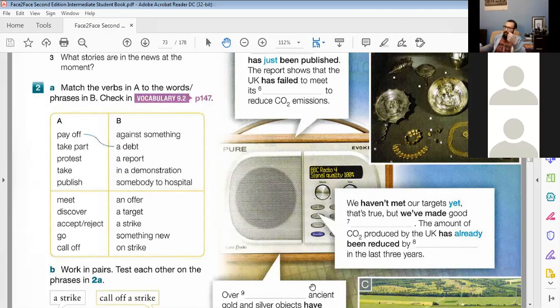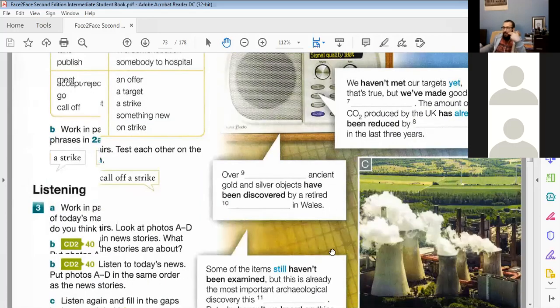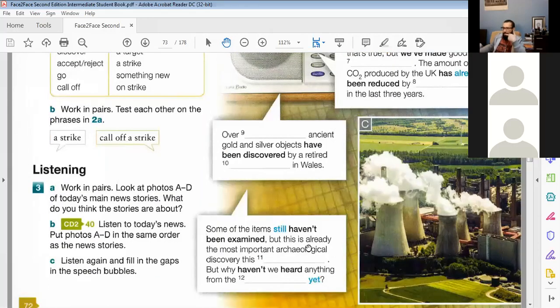Okay, so we talked about just, yet, and already. Let's see if we have any other words. We have still. It's like yet. You're right. If you check it here, it says some of the items still haven't been examined.